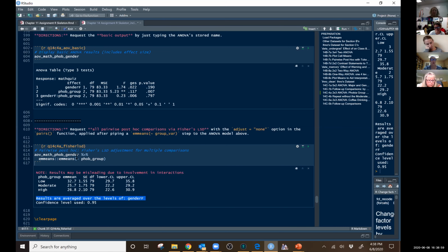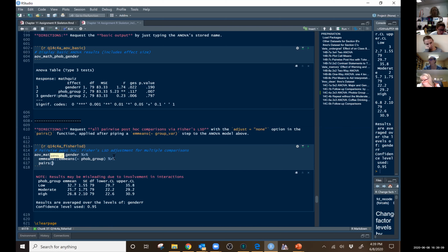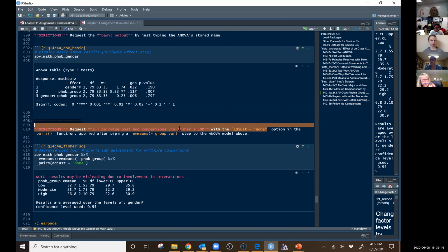So the EM means gives one line for each phobia group. Now we want to do all pairwise tests between those groups with adjust equaling none. Why do we do adjust equals none? Because that's how you do Fisher's LSD. And with 3 groups, we should do Fisher's LSD.